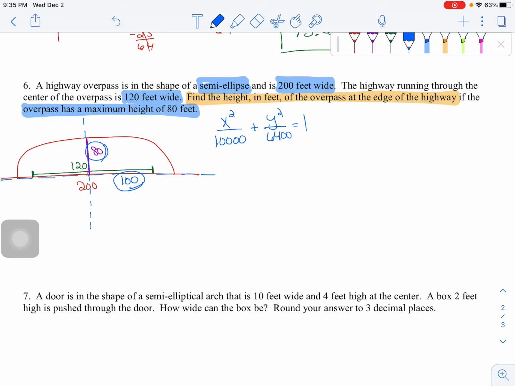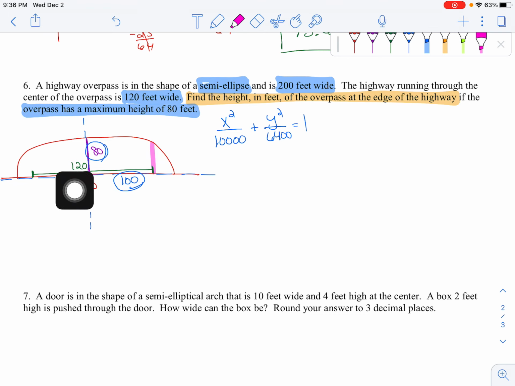Now, what are we asked for? It says find the height of the overpass at the edge of the highway. So remember the highway in here is this 120 feet across. That 120 feet wide. And I want to know how tall the overpass is right there. What you want to be careful about is x is not 120.